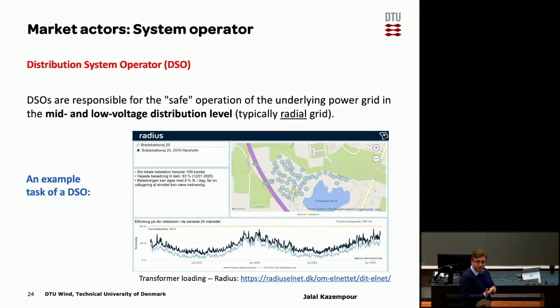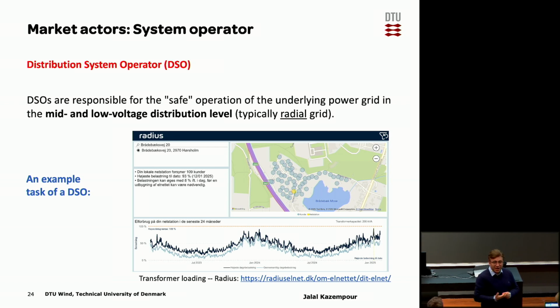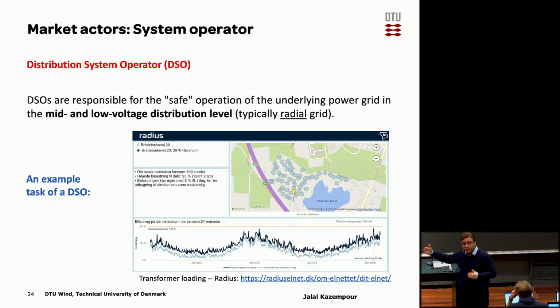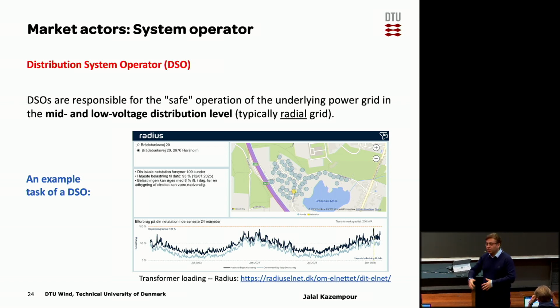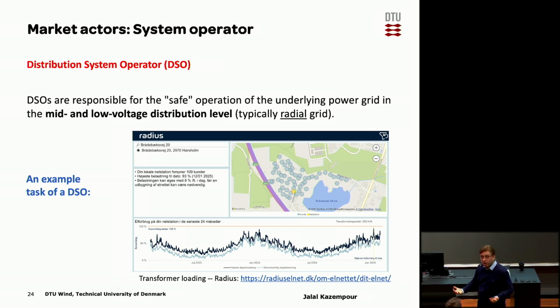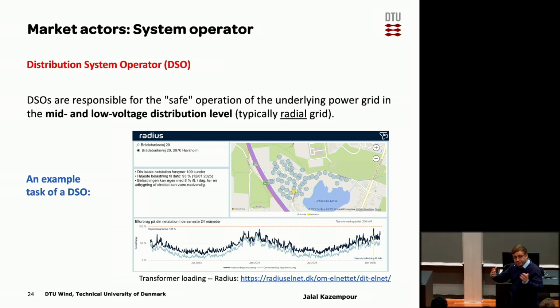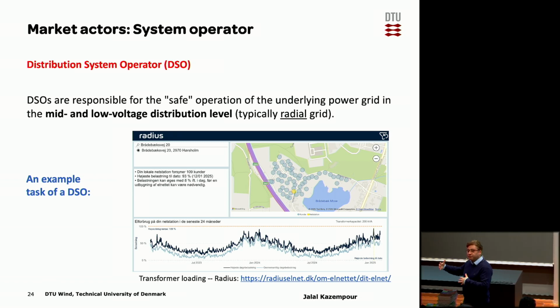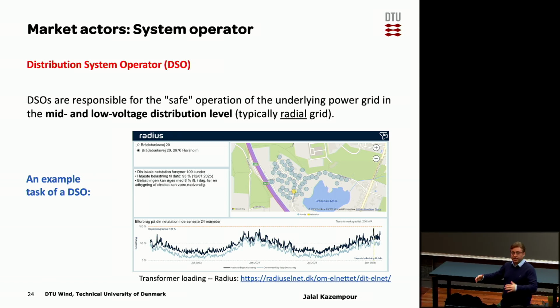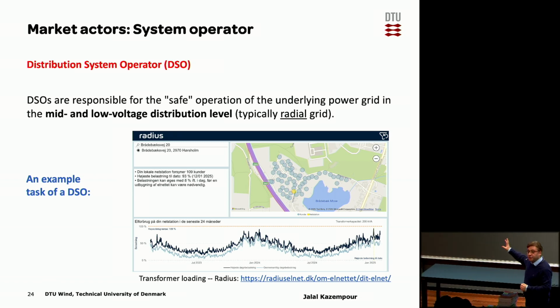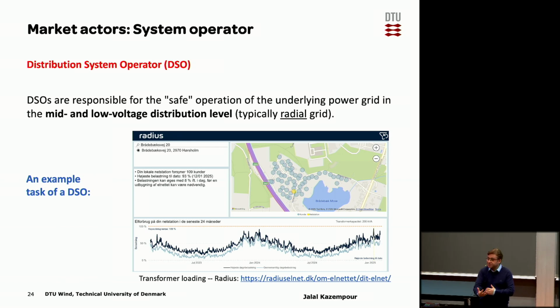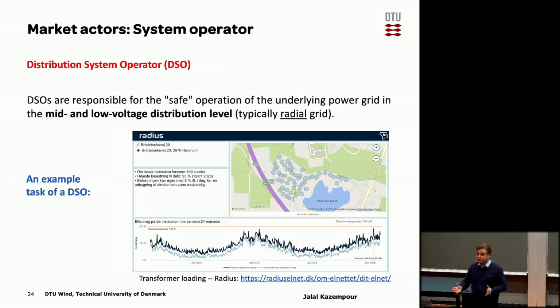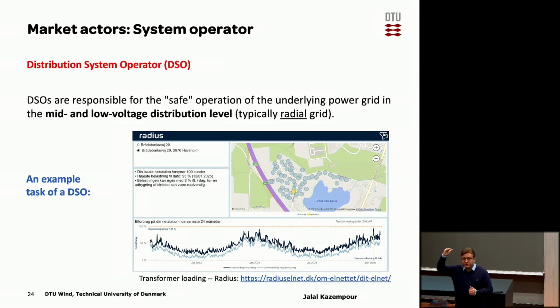So either the DSO should expand the grid or increase the capacity of the transformer, which sometimes comes with a huge cost, or we might find innovative ideas for how flexible resources like EVs and heat pumps in that area can provide flexibility services when the DSO has a problem. Because you see that there are only a few times that the transformer load is very high.